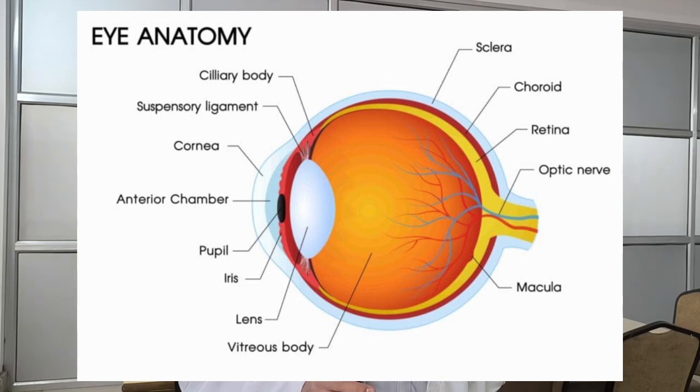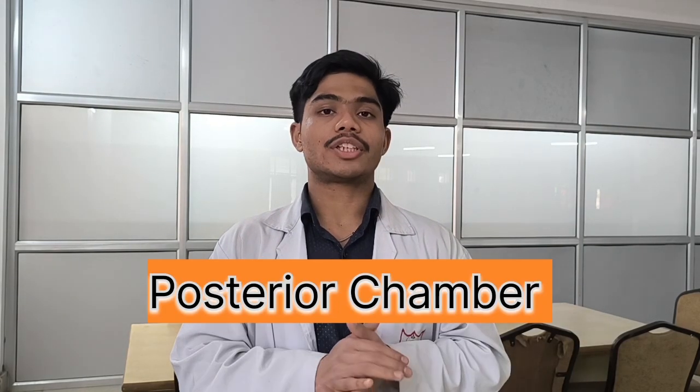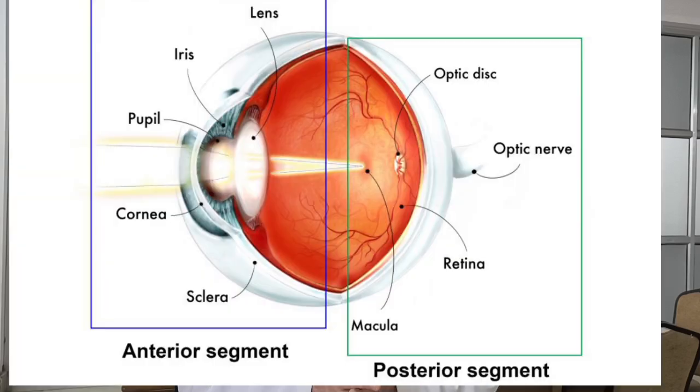Now I am going to discuss what parts form the posterior chamber of the eye. So friends, please see this diagram. By seeing this diagram, you can relate that the retina, posterior portion of sclera, optic disc, optic nerve, and macula together form the posterior chamber of the eye, and the cornea, lens, iris, ciliary body, pupil, and also the entire portion of sclera, all these parts together form the anterior chamber of the eye.